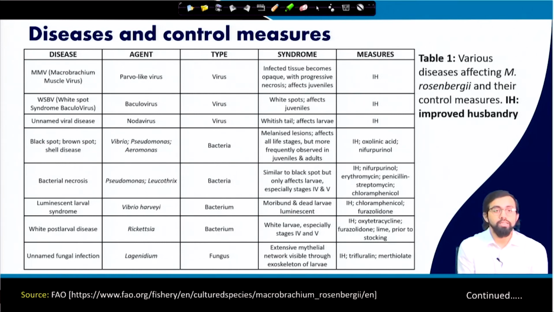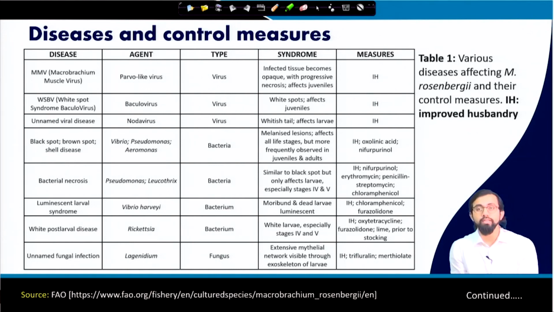In the case of bacterial necrosis, like Pseudomonas or Leucothrix, the organism responsible is bacteria, which is similar to the black spot but only affects the larvae, especially stages 4 and 5. In that case, improved husbandry alone will not fulfill the situation, but you also have to supply some chemicals and pharmaceuticals like nifurpirinol, penicillin, streptomycin and so on.